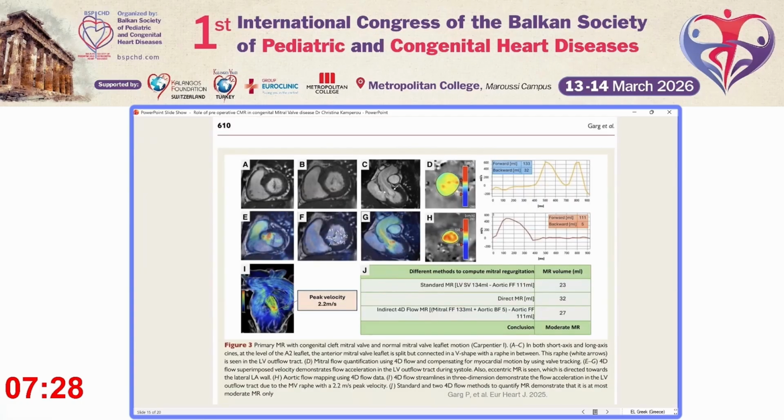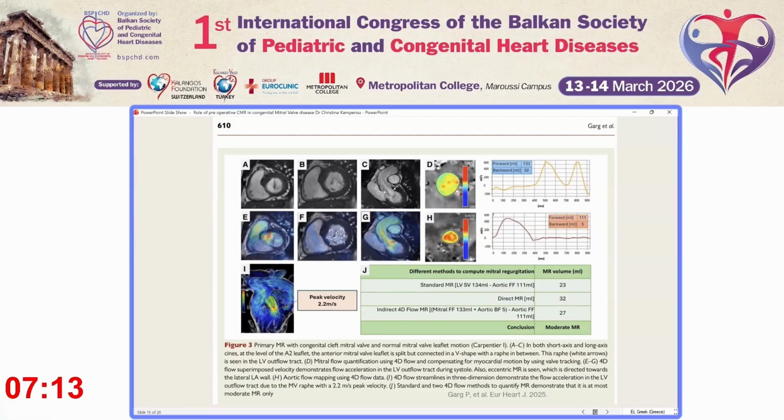This case demonstrates primary mitral regurgitation caused by a congenital cleft mitral valve with preserved leaflet motion, corresponding to Carpentier type 1 dysfunction.